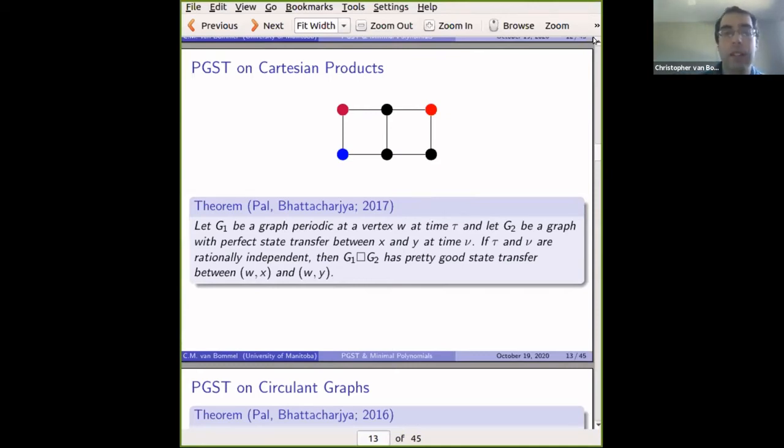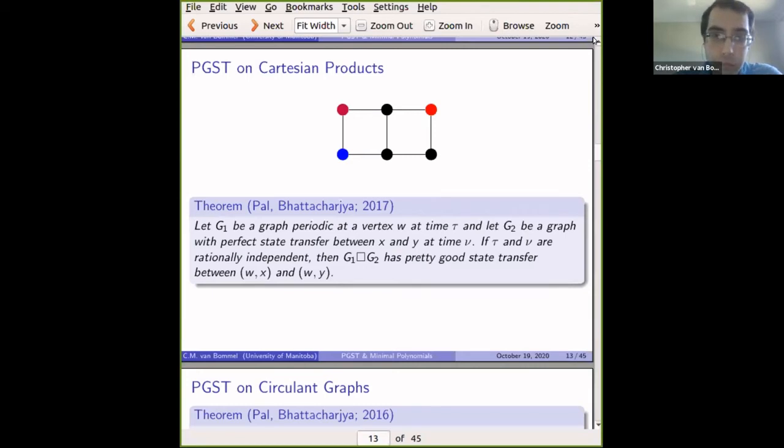And the idea is if you have some graph with a periodic vertex and a second graph that has perfect state transfer between 2 vertices, as long as the times at which this happens are rationally independent, then waiting long enough, those 2 occurrences will come close enough together that you can achieve pretty good state transfer between the corresponding pairs.